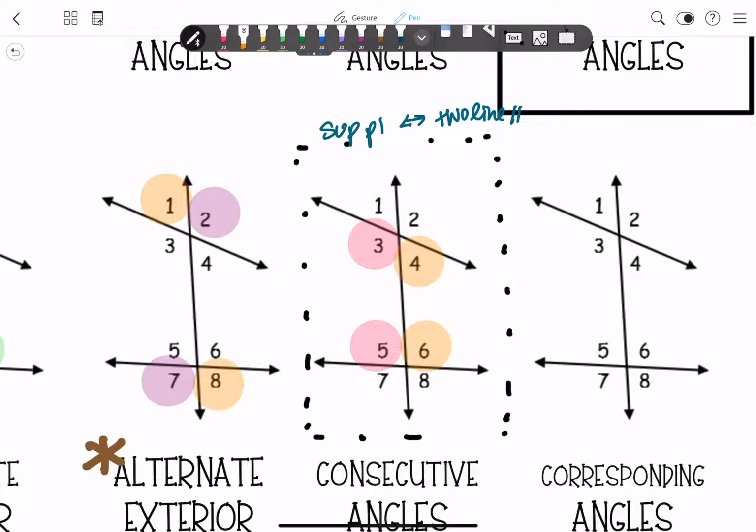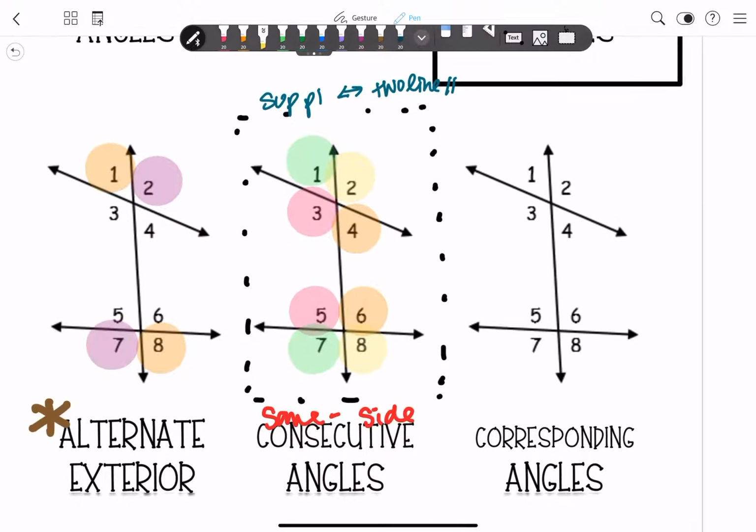Again, you might also see them written as same side angles, so same side interior or same side exterior. They mean the exact same thing. We've also got 1 and 7, and then 2 and 8. Remember, if the two lines are parallel, then these pairs are going to be supplementary.